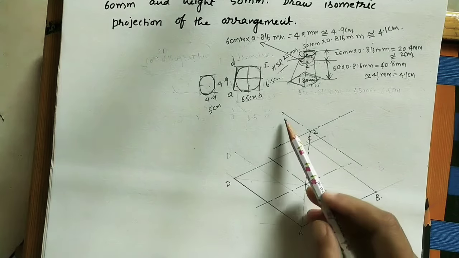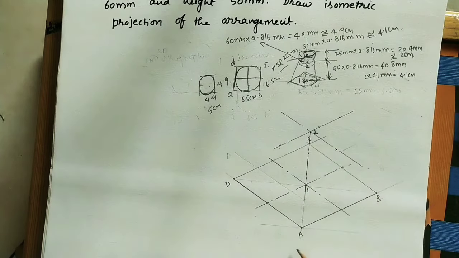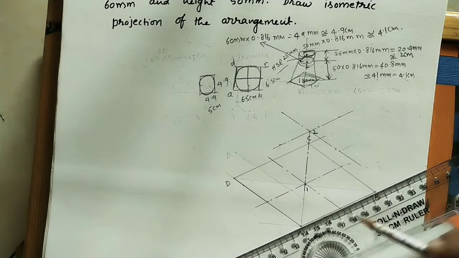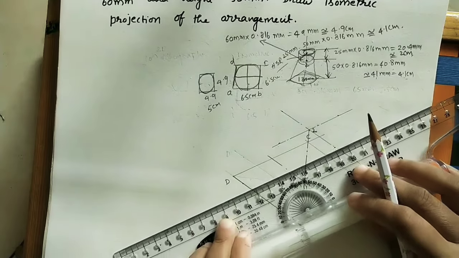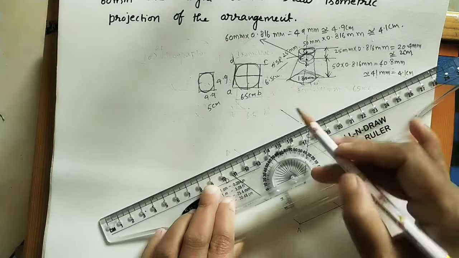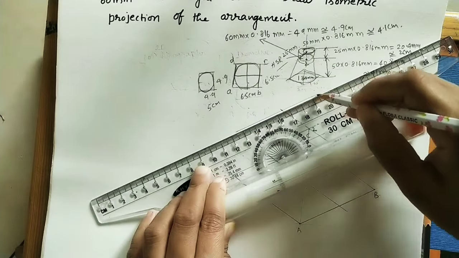Okay. So at these points do the line. At this point do the line parallel to this. Take this as a reference line. Move the scale up to this point, do the line. Similarly move the scale up to this point, do the line of some length.